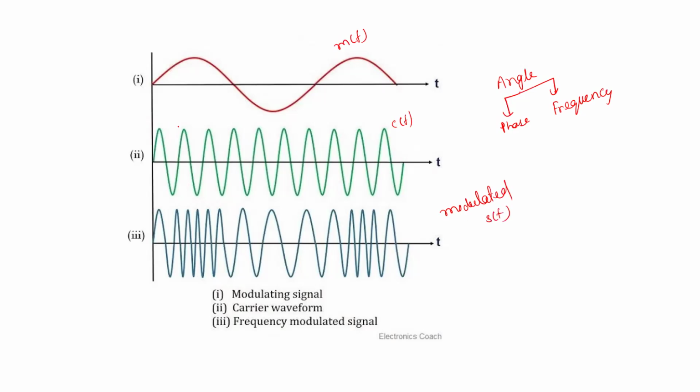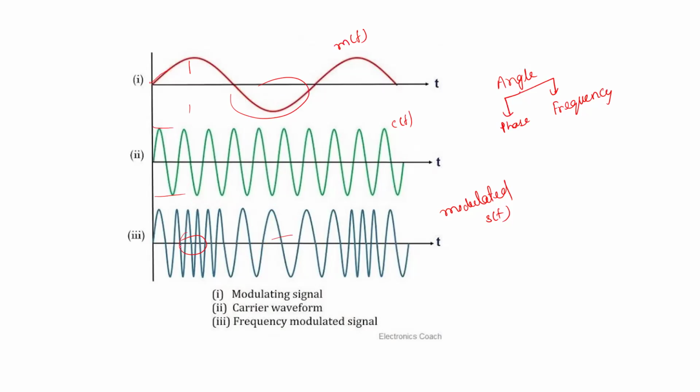What you see here is that the amplitude of the carrier signal remains the same, but the time period is changing. Here the signal is going to increase, so the time period is going to increase, and here for the negative portion as well. When we have maximum amplitude, the time period is less. When we again have negative amplitude, the time period is more.